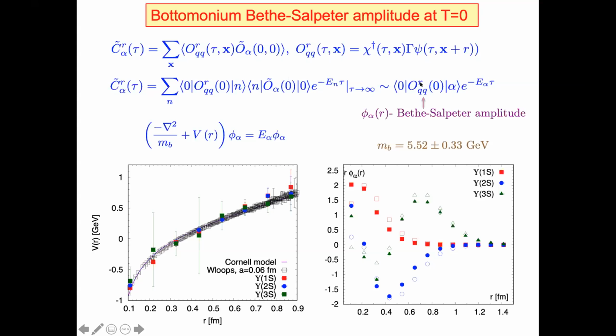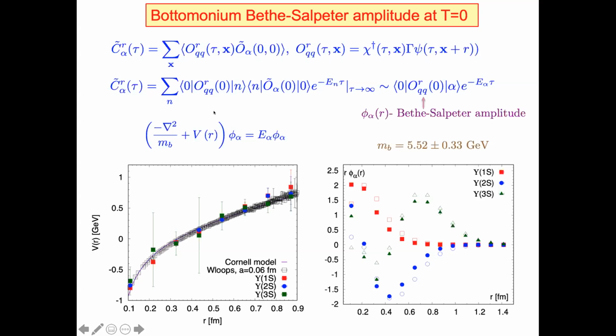Now with an operator that depends on the index r, in the non-relativistic limit, this is essentially the overlap of a given state with a configuration that is created from the vacuum by having a quark and antiquark at distance r. And that's what is called the Bethe-Salpeter amplitude, and in the non-relativistic limit that reduces to the wave function.